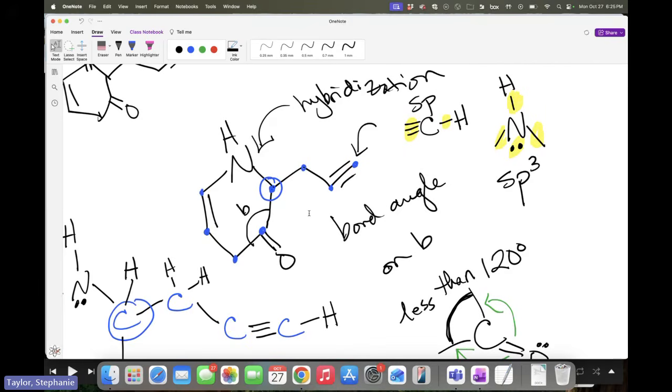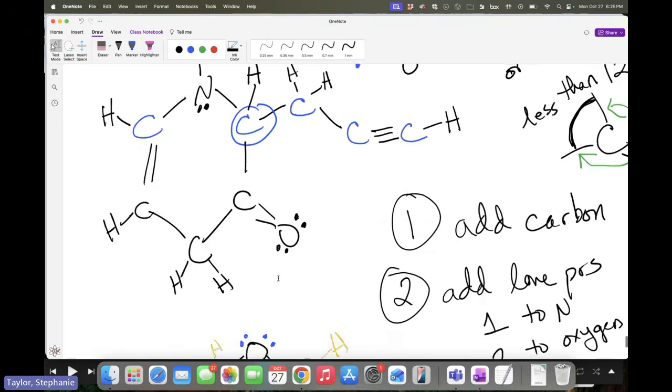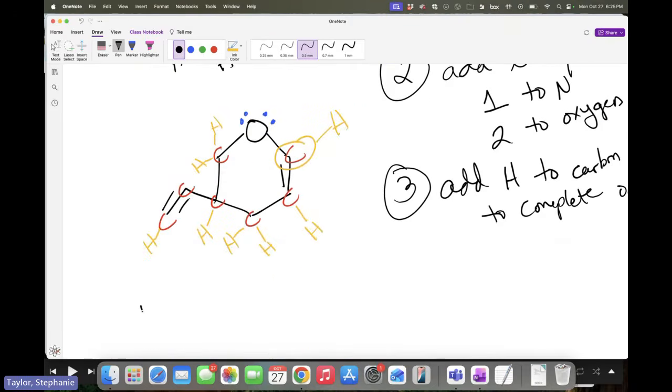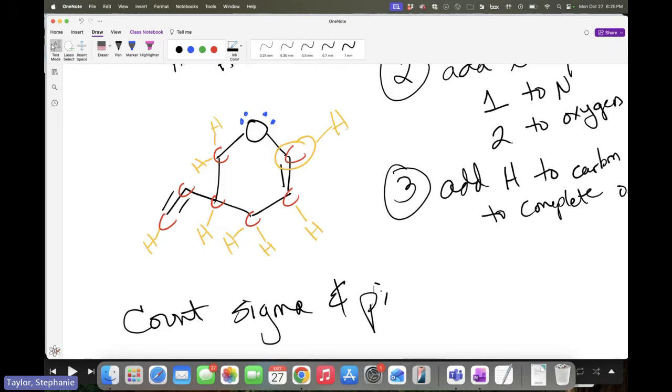The kind of question I didn't show off was counting sigma and pi bonds. That is the other thing we can do, ask you to count sigma and pi bonds.